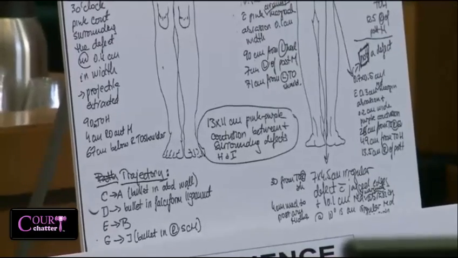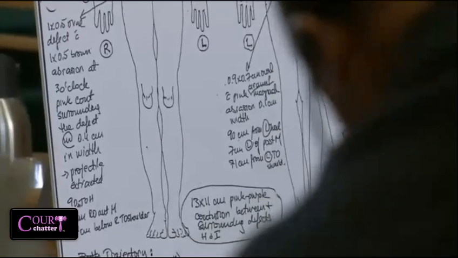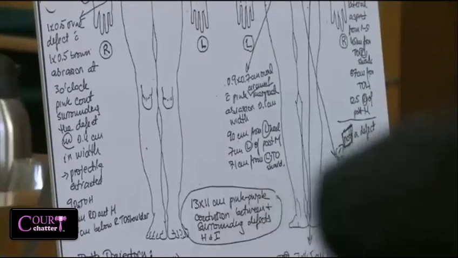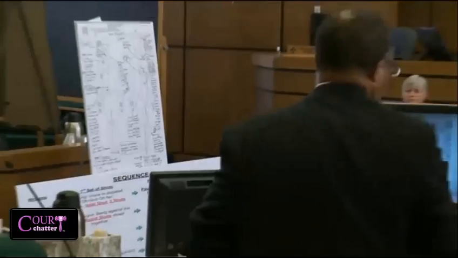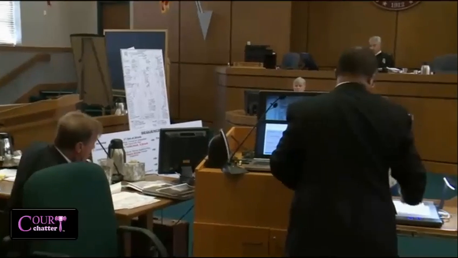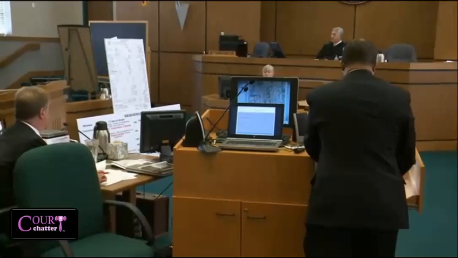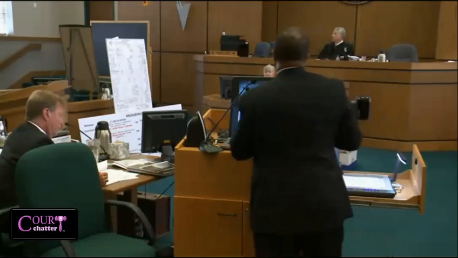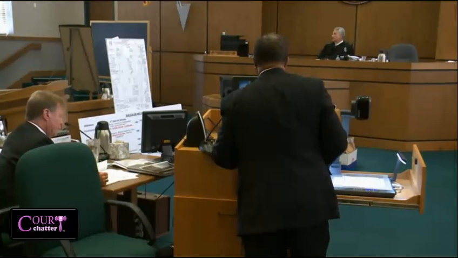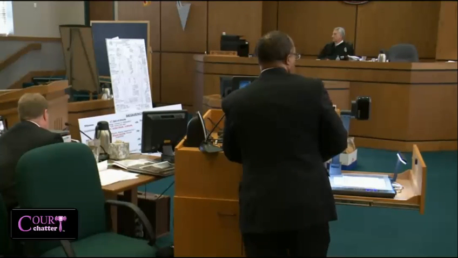This is State's Exhibit 300. Now, this is the anatomical body diagram that was marked on by Dr. Aljinovich, who is the forensic pathologist who testified before you early in the case.